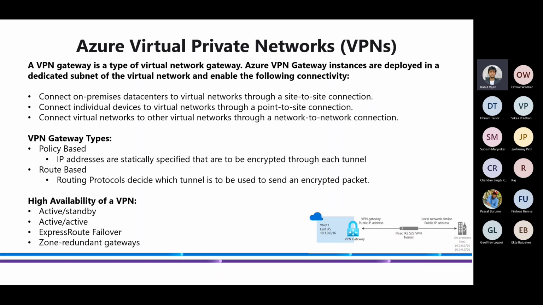Then we are talking about high availability of a virtual private network. When we talk about high availability of our services, my service may be utilizing some resources from my private data center as well as from Azure. For example, if my VPN goes out, then my service won't be highly available, because it was also talking with my data center to take some data.